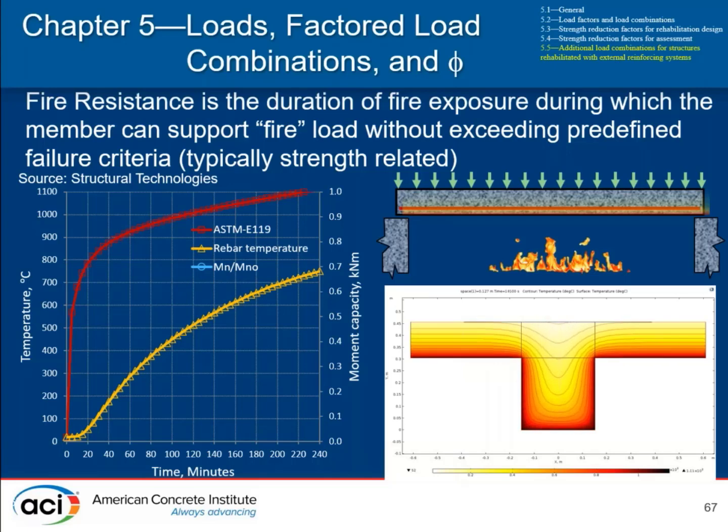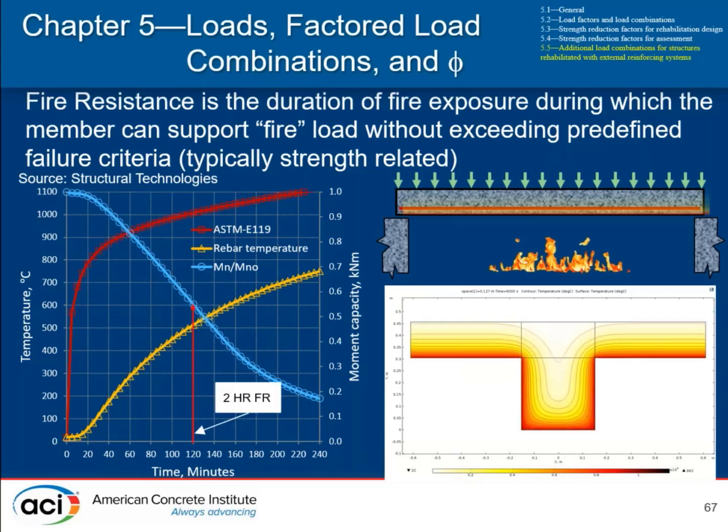So knowing something from 216 about the reduced properties of steel at elevated temperatures, we can create this third graph, which is showing on the right-hand axis the ratio of the moment capacity accounted for the elevated temperature of the steel to the original moment capacity before the fires occurred.